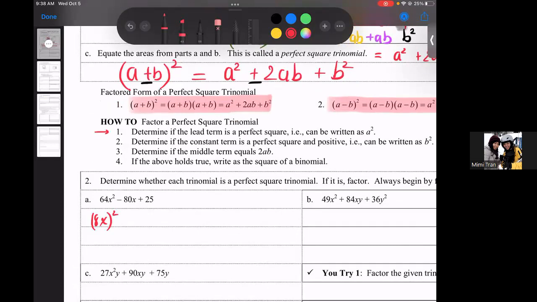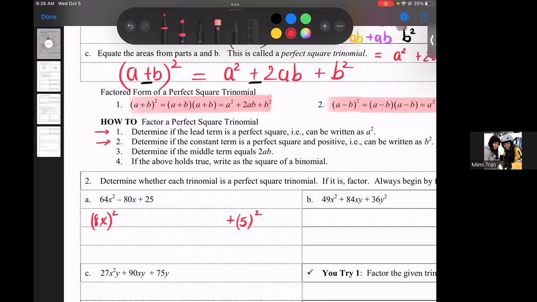So yes, the first term is a perfect square. Second step, determine if the constant term is a perfect square, positive, and can be written as b squared. This one is a perfect square, so I'll leave a little space, plus (5) squared. You don't have to use parentheses, but it's a good habit.